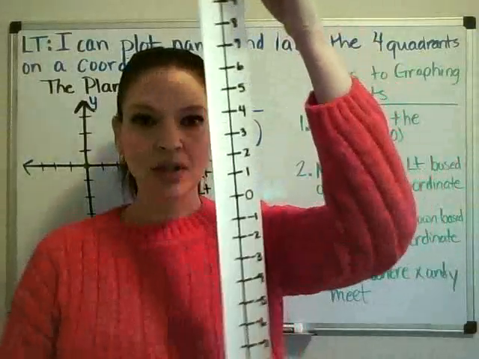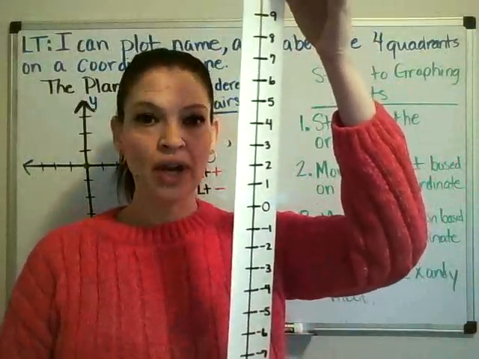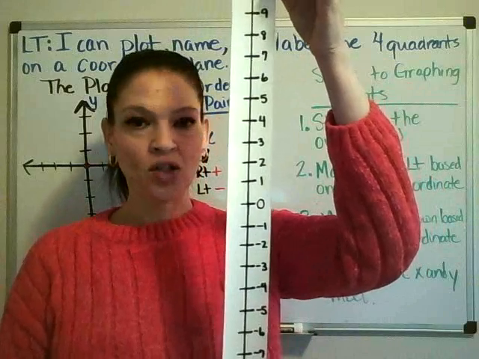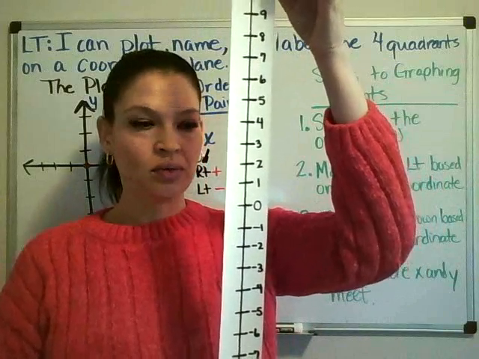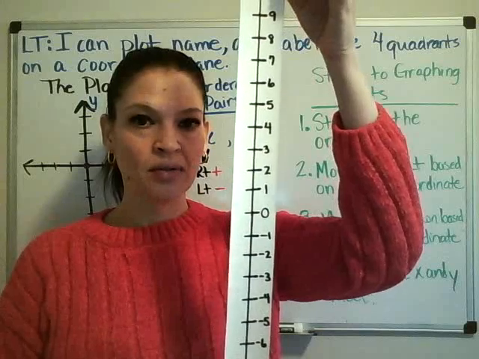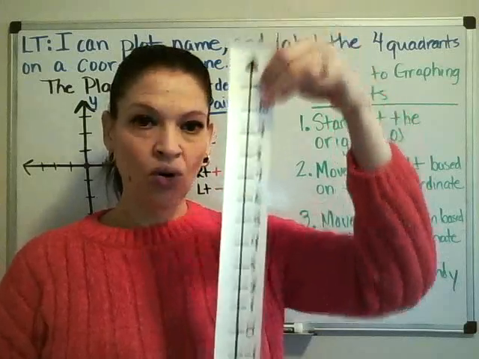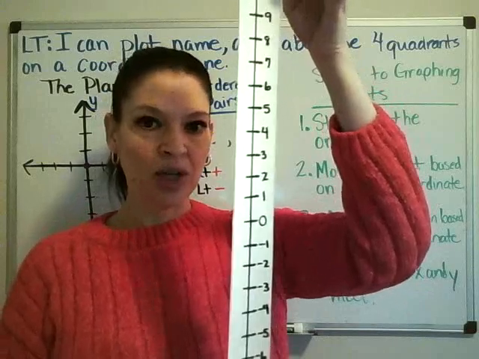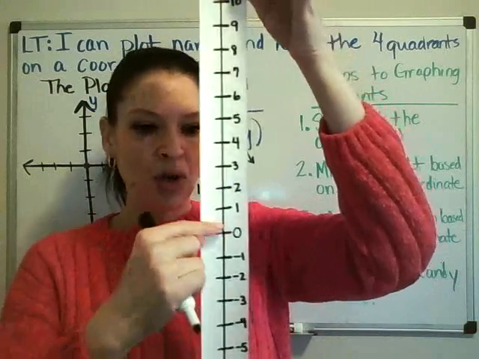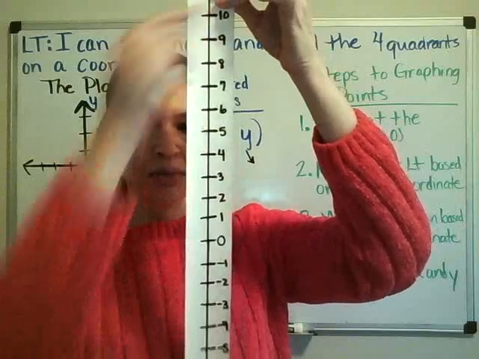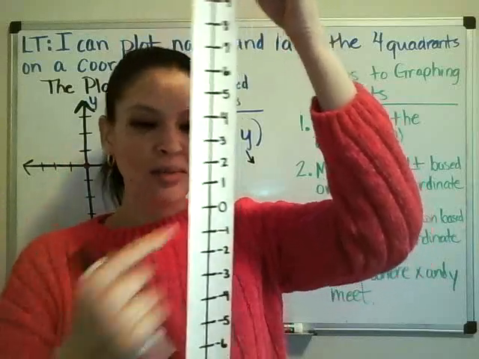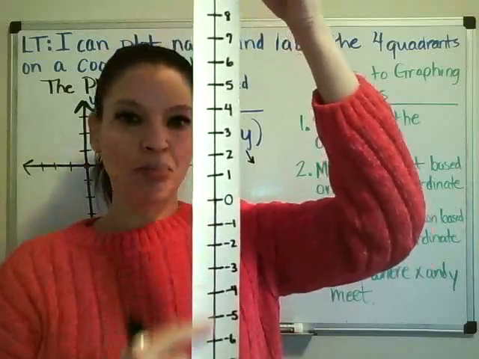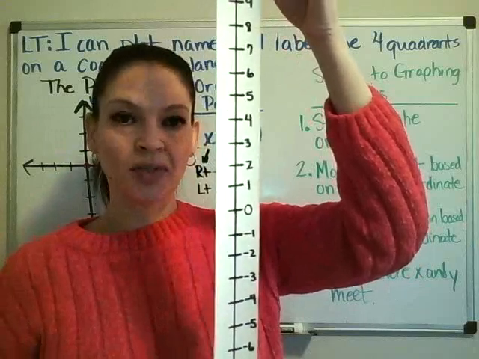In what directions, what two directions can the y-axis travel? Does it go left and right? No, it only goes up and down. Now notice, all the numbers that go up are positives, and all the numbers that go down are negatives.